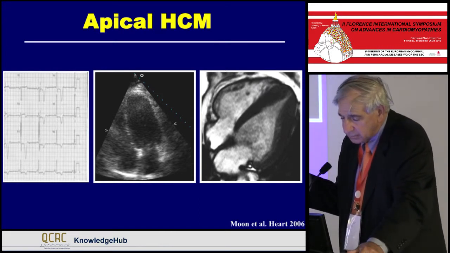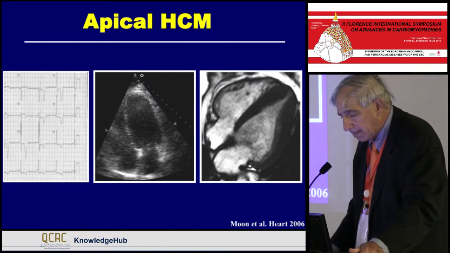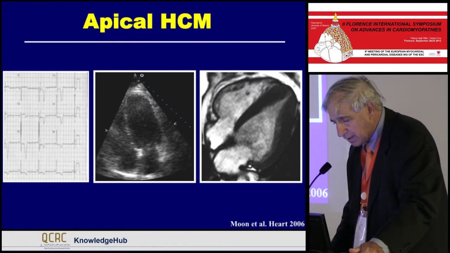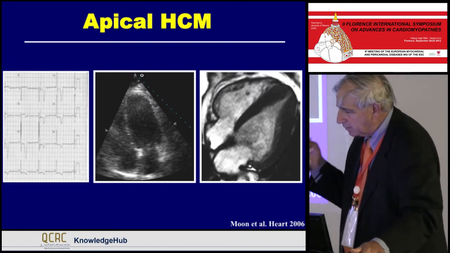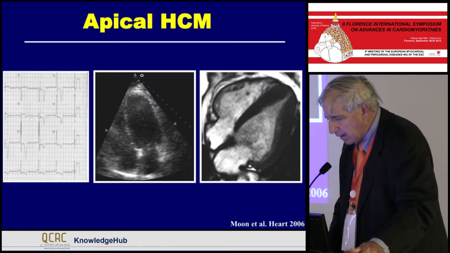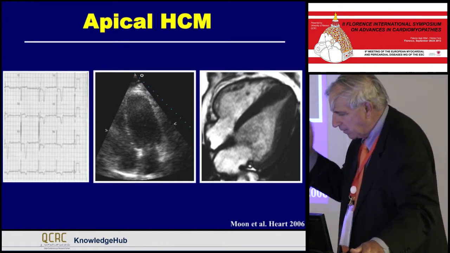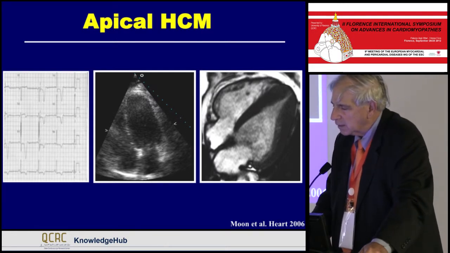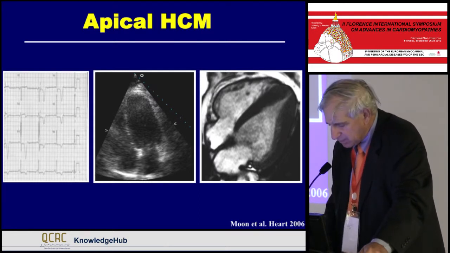The other area is the apex. This is an example we borrowed from the UK, but you've all, I'm sure, had this experience where the apex is foreshortened by echocardiography, and then you go over here with the MRI and you have the spade deformity and the apical version of HCM.